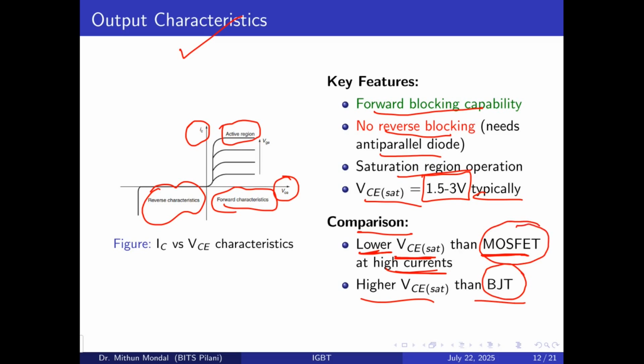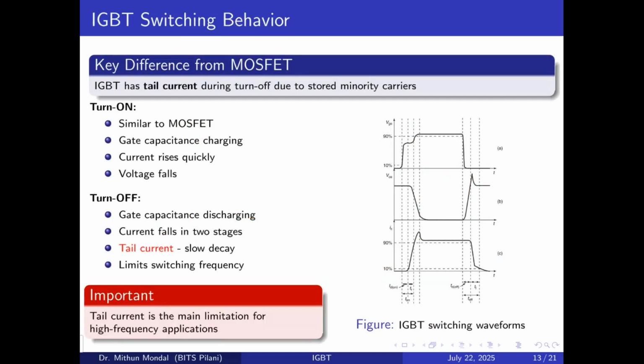You are basically getting lower collector to emitter saturation voltage than MOSFET at high current, and higher collector to emitter saturation voltage than BJT. The shape of the characteristic curve is similar when we talk about BJT or MOSFET.